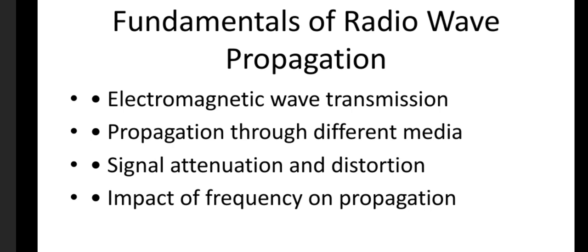So first one is electromagnetic wave transmission. We all know when a wave is propagating from transmitter to receiver, there is always a way of propagation, either wired or wireless. Usually in wireless, we'll be employing electromagnetic wave transmissions.